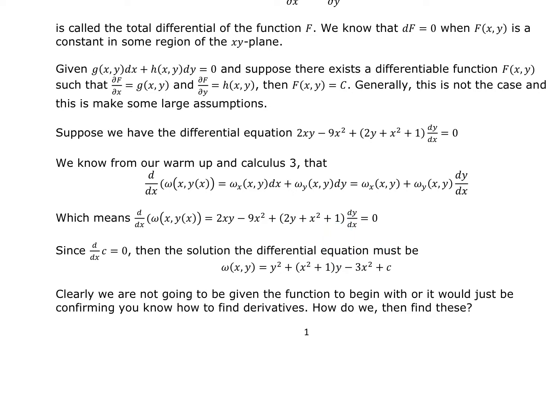And this actually should be 6 right here. That should be a 6. Since the differential of the constant is equal to 0, the solution is y squared plus x squared plus 1 times y minus 3x squared equals c.